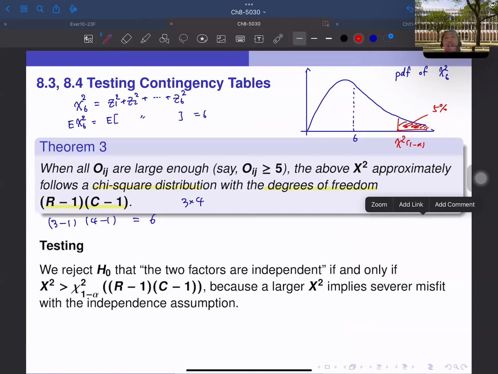So to reject independence, basically we reject only if the chi-square value is large enough. So our significance level is 5%. So we reject the null hypothesis 5% of the time even if H naught is true, but we want to minimize the error, right? So we only want to reject the null hypothesis when we have strong evidence of dependence. And here, strong evidence of dependence is a larger chi-square value. Yeah, that's a good question.